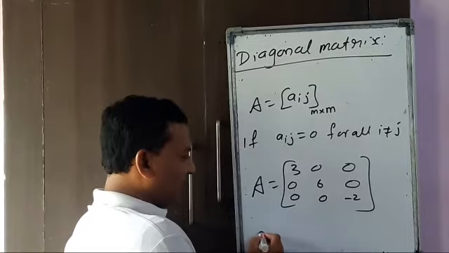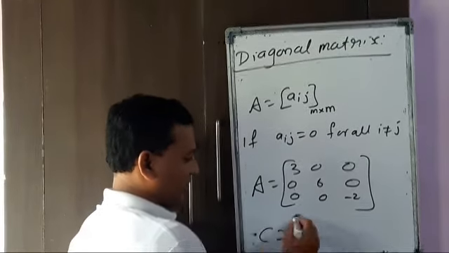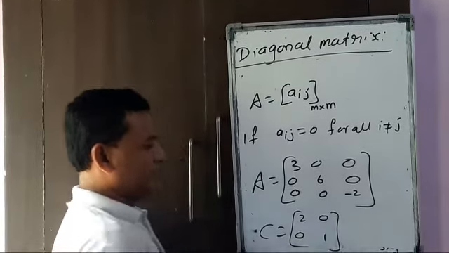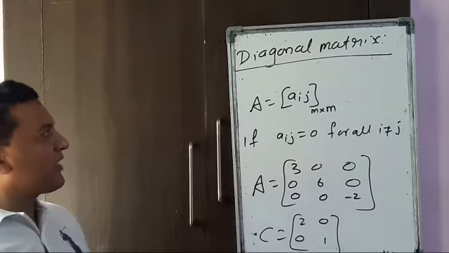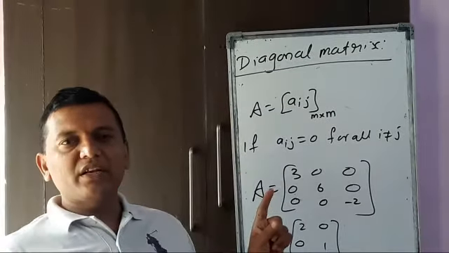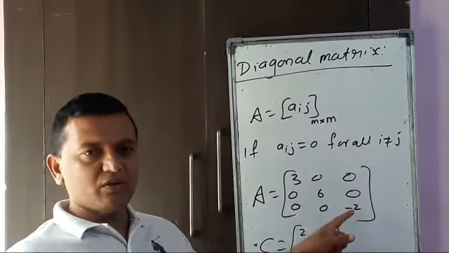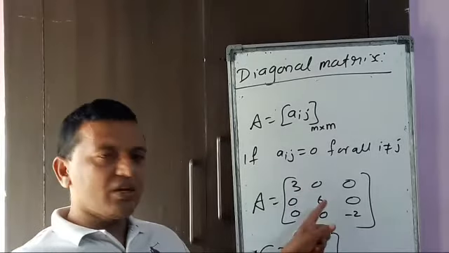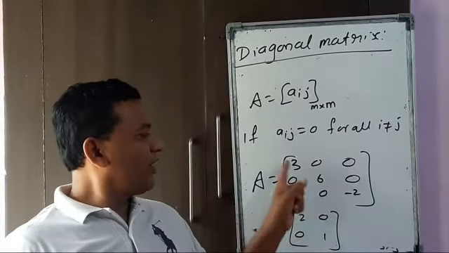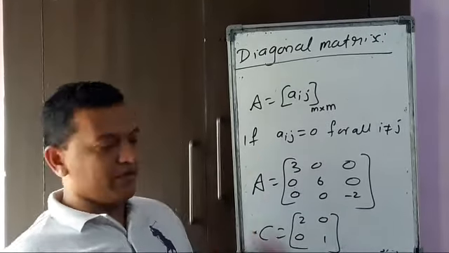Now we can take another example also. This is an example of a diagonal matrix, and also remember it's very important: a square matrix is said to be a diagonal matrix if its non-diagonal elements are 0 and diagonal elements are non-zero. First thing to remember, non-diagonal elements are 0 and diagonal elements are non-zero. Okay, this is a diagonal matrix.